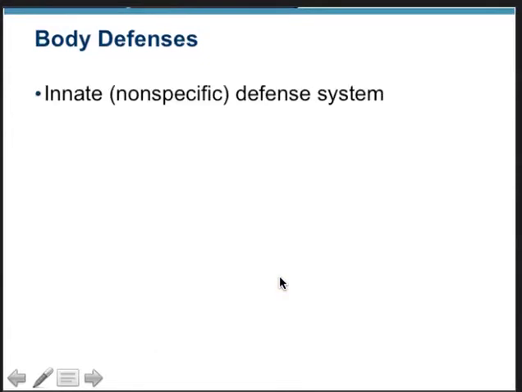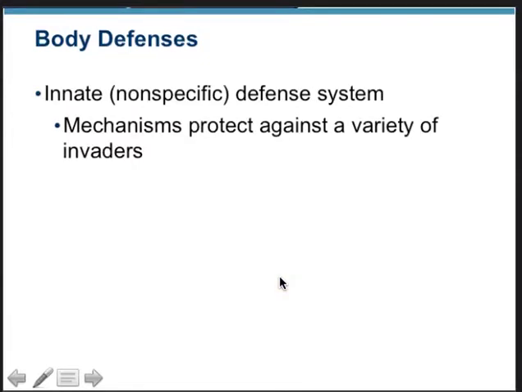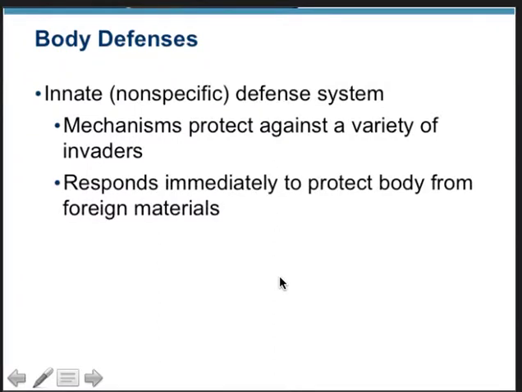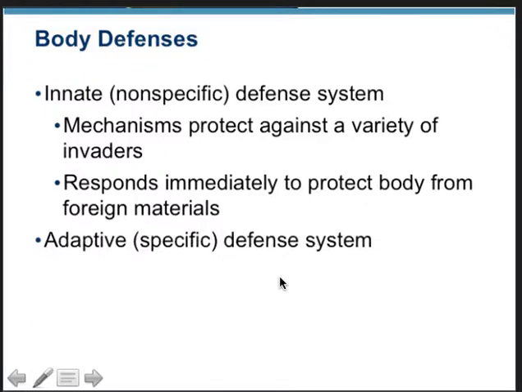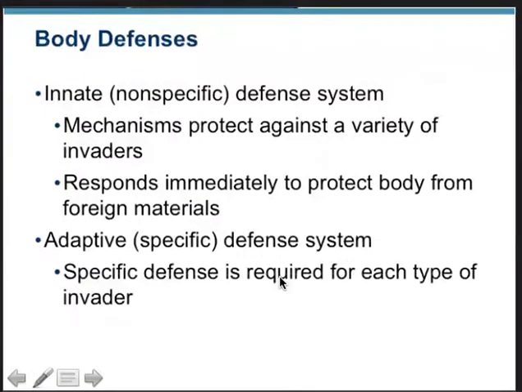Now, your innate defenses are mechanisms that protect against a variety of invaders, and they respond immediately to protect the body from foreign materials, while our adaptive defenses are specific against a particular type of invader, and they're aimed primarily at a particular characteristic that invader has, called an antigen.